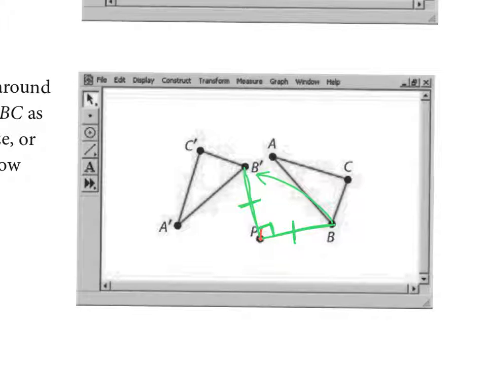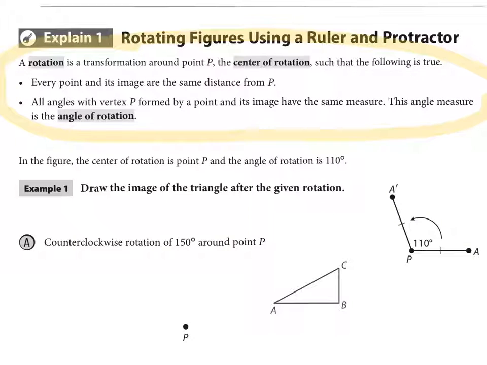I could draw these same segments connecting C and C prime or A and A prime, and all of them would have that same congruence and the same measurement of 90 degrees, that same angle of rotation. At the top here is just some more of that vocabulary. If you didn't get that down from the last slide, make sure you get the vocabulary down, and the same two things about how rotations are measured.